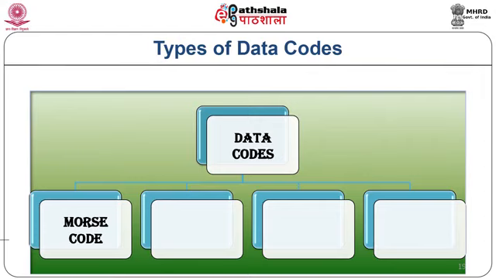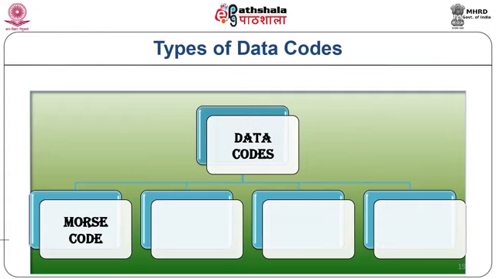In 1844, Samuel F.B. Morse successfully demonstrated an electrical telegraph system. The transmitting end of the telegraph system sent text information in the form of electrical pulses along wires which control the electromagnet at the receiving end.